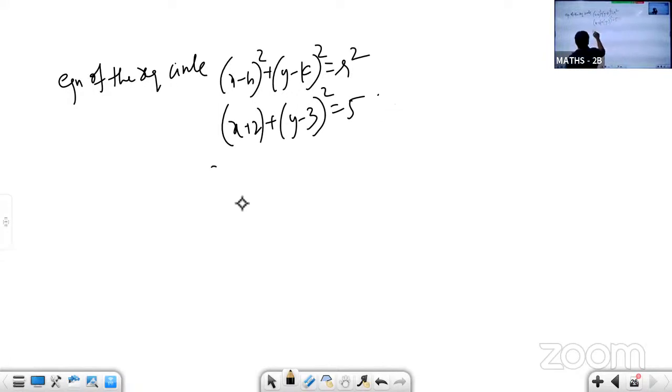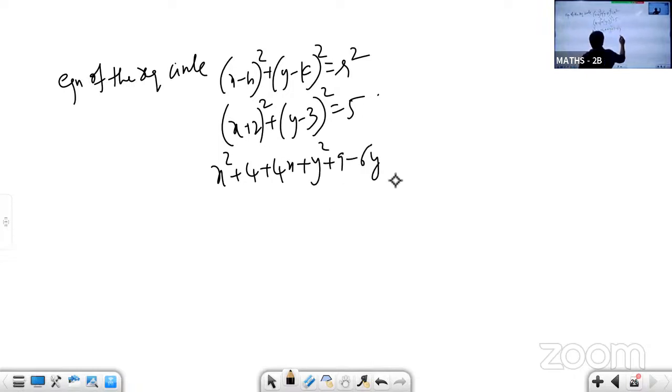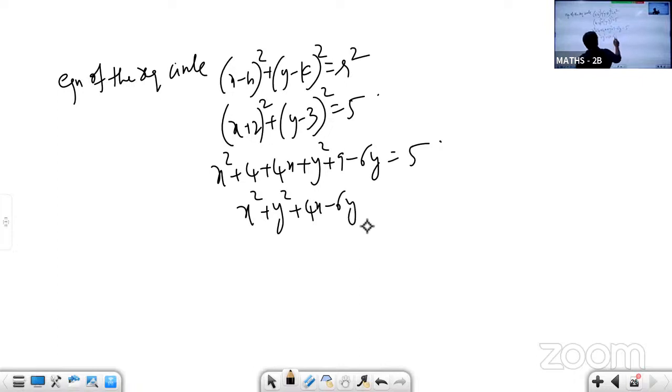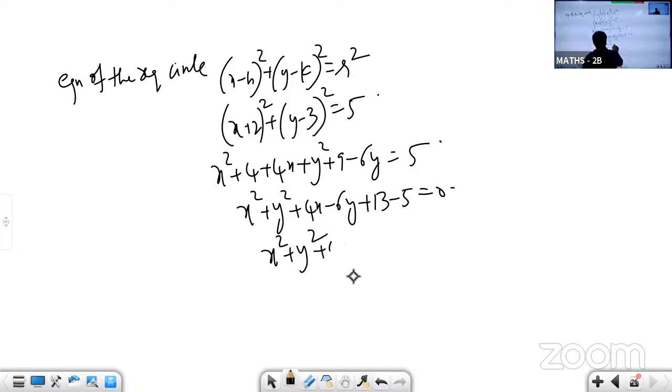Now please expand this: x square plus 4x plus 4, y square plus 9 minus 6y equal to 5. X square plus y square plus 4x minus 6y, 9 plus 4 is 13, minus 5 equal to 0. X square plus y square plus 4x minus 6y plus 8 equal to 0. Now that is your answer.